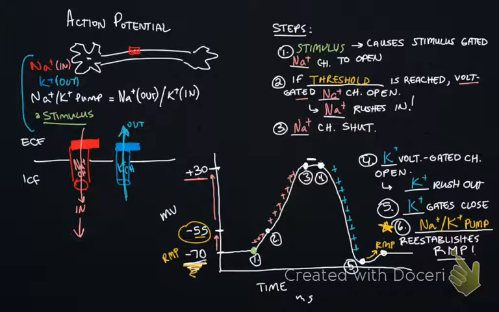In all reality, from step 4 to 5, or even before that, we actually have potassium channels that open, I think from here to here, but they're super slow. So at threshold, at negative 55, our potassium channels actually open, but they're really slow. So they don't hinder our climb towards that positive 30.